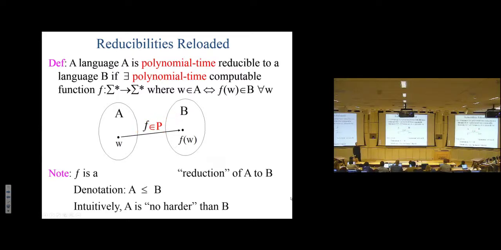It's not sufficient for f to be decidable. It has to be efficiently decidable. So f has to be a member of P, the class of languages or functions that are computable in polynomial time. And we're watching the clock. We're making sure that the time is polynomial, and f must run in that time. If it doesn't, it's not one of those.